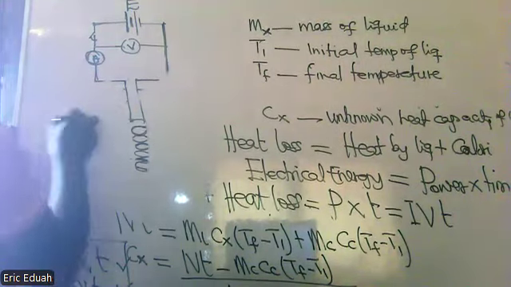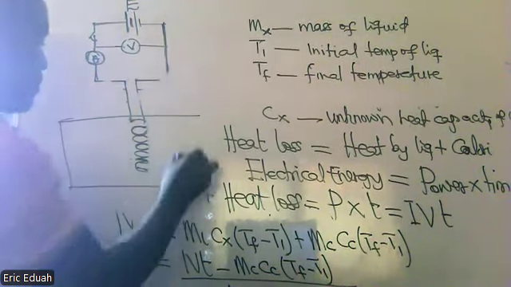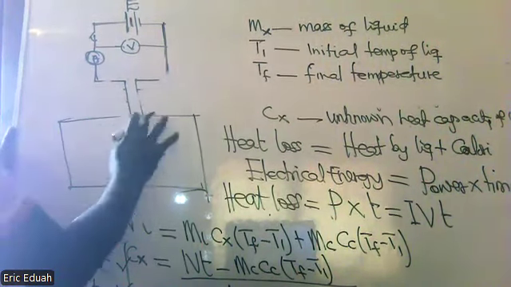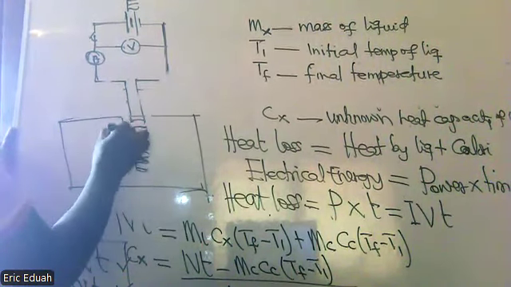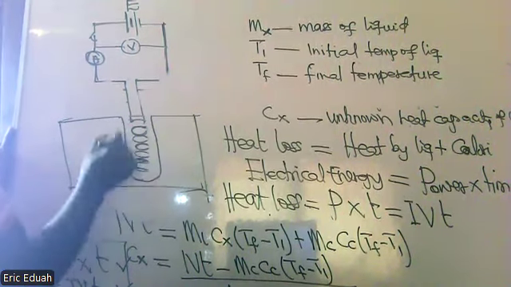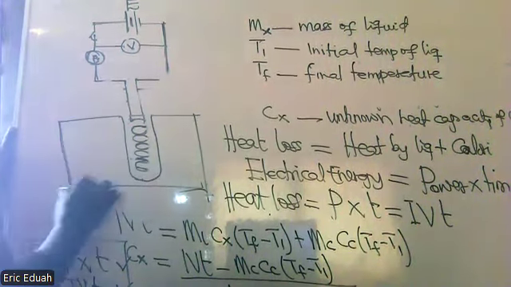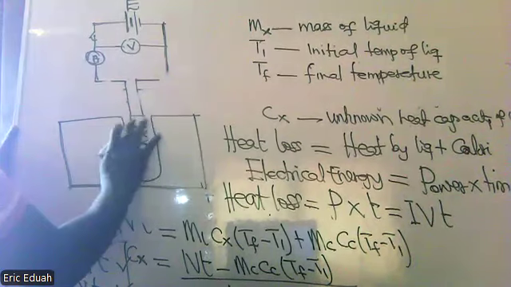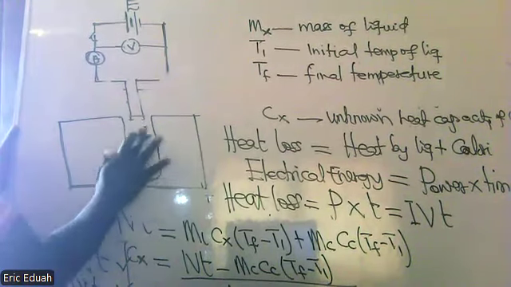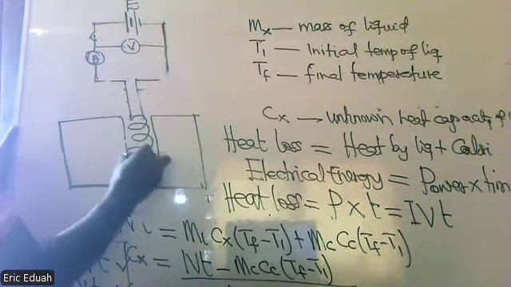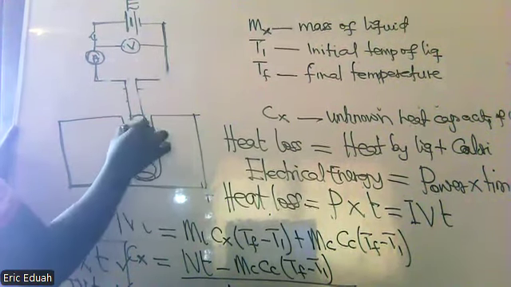This is the metal. We create a hole within the metal so that we can insert the heater. So this is a solid block of metal whose specific heat capacity is to be determined. Then we drill a hole within so that we can insert an immersion heater.